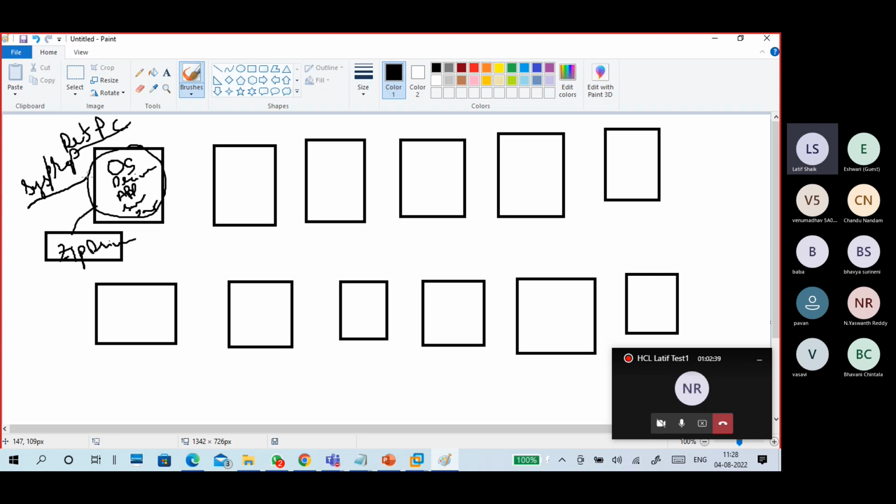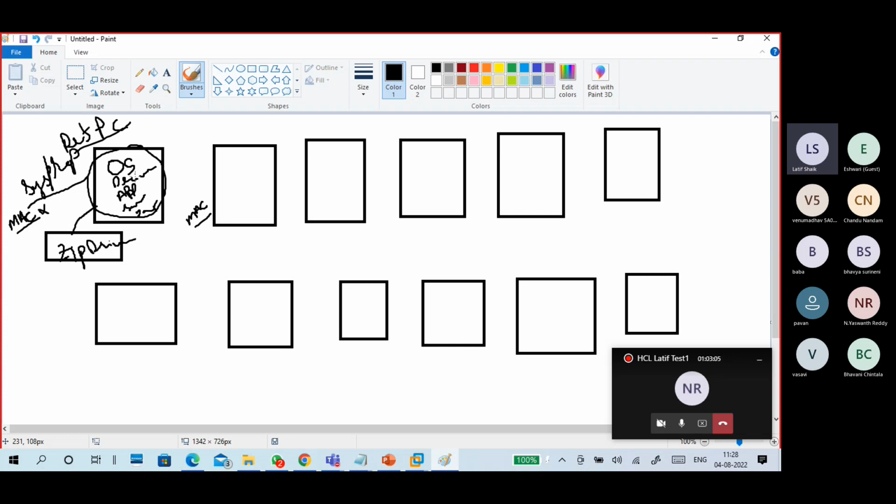What will this sysprep do? Every PC has a network adapter, and every network adapter has a MAC address. One PC's MAC address is different from another PC's MAC address. So it will remove this MAC address from your image.